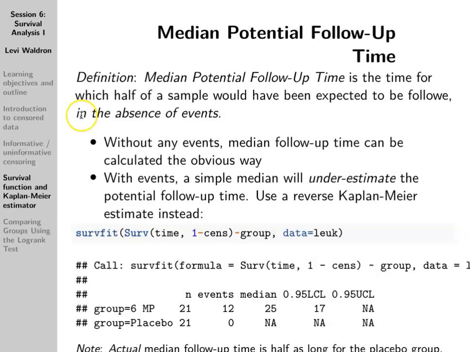So if there were no events, how long would the median follow-up time be? And it's, again, not obvious. If there were no events, you could just take the median. Just like on the previous page, if there were no censoring, you could just take the median.